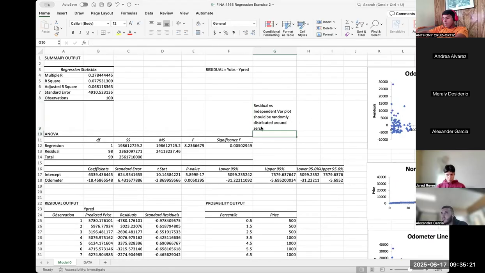Okay, so that's how it should be. Residual versus independent variable. Whatever independent variable you put in there should be randomly distributed around zero.